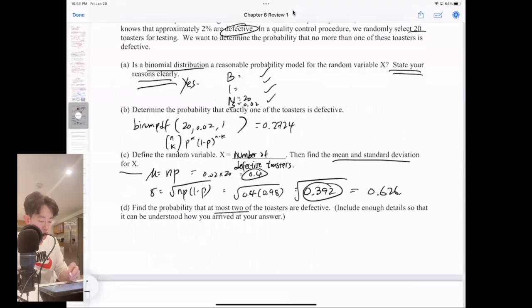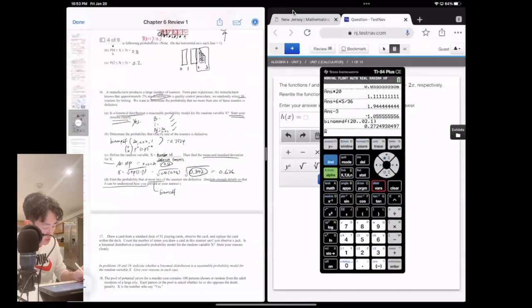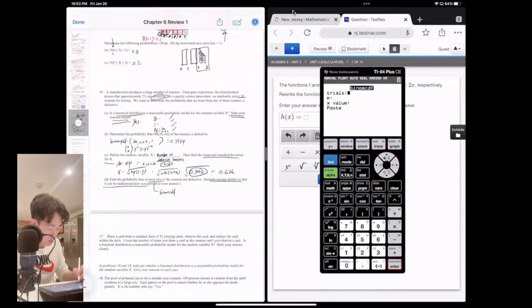Find the probability that at most 2 of the toasters are defective. At most 2 means, okay, binomial CDF, because we want 2 or less. Include enough details so that it can be understood how you arrived at your answer. So simply go to your binomial CDF. Number of trials is fixed as 20, probability of 0.02.